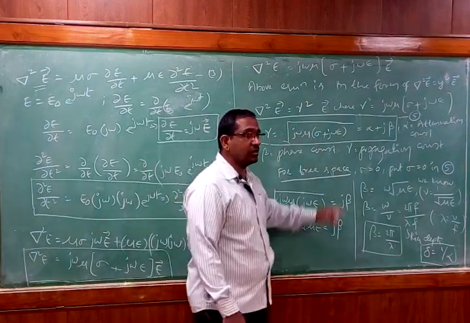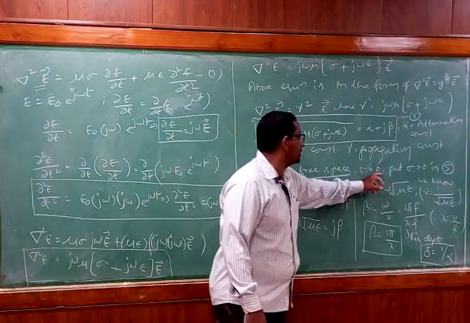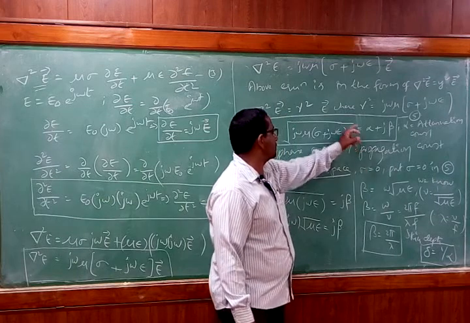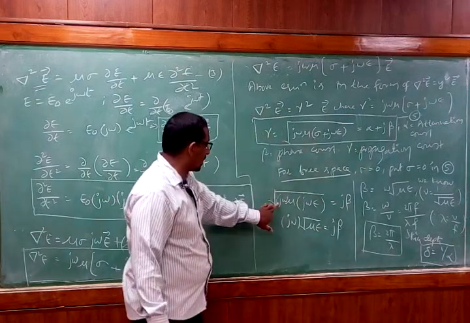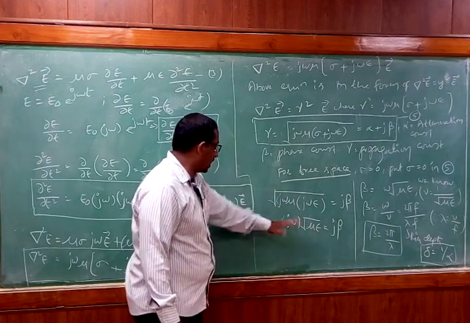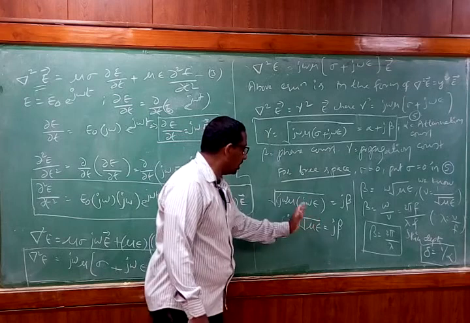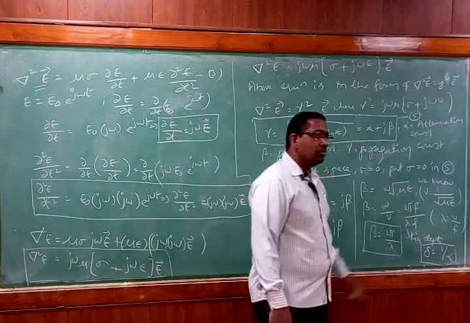For free space we have to get the equation. For free space, sigma is equal to 0. So put sigma equal to 0 in equation 5. Then we just get j omega mu into j omega epsilon. Here j omega I can take outside, and the rest will go in the root. By doing so I will get beta equal to omega under root of mu epsilon.